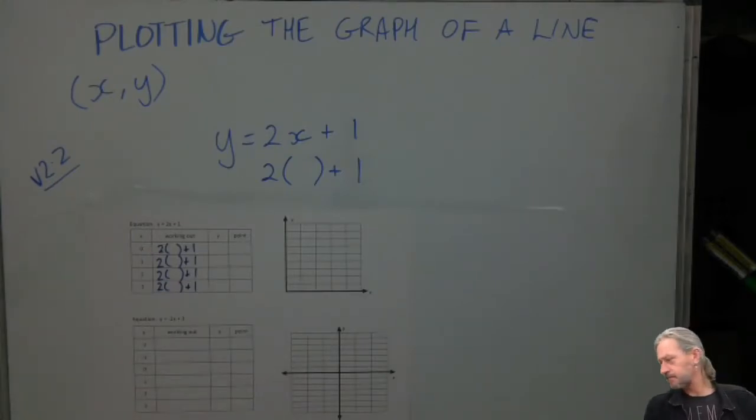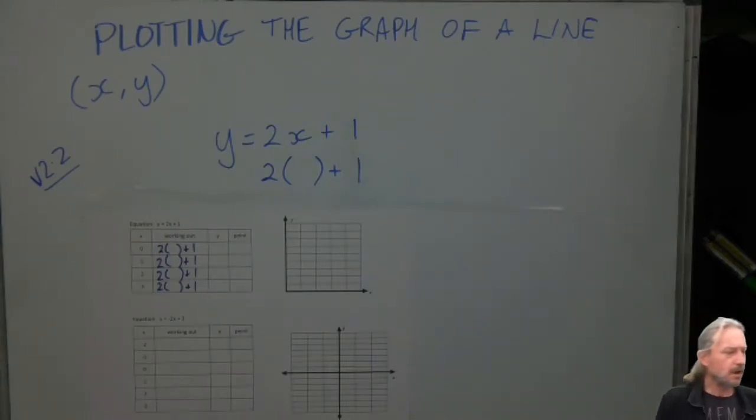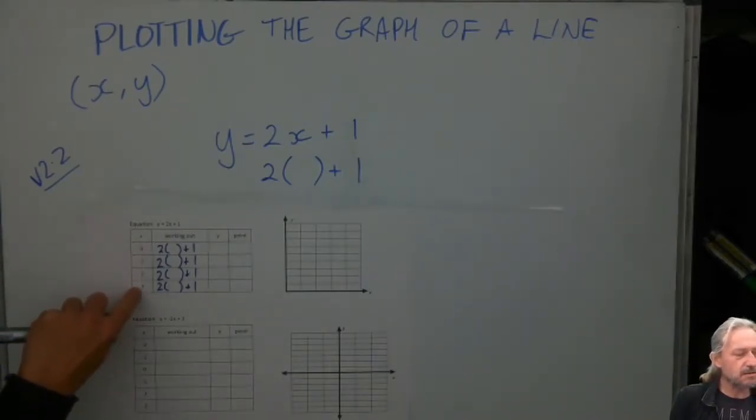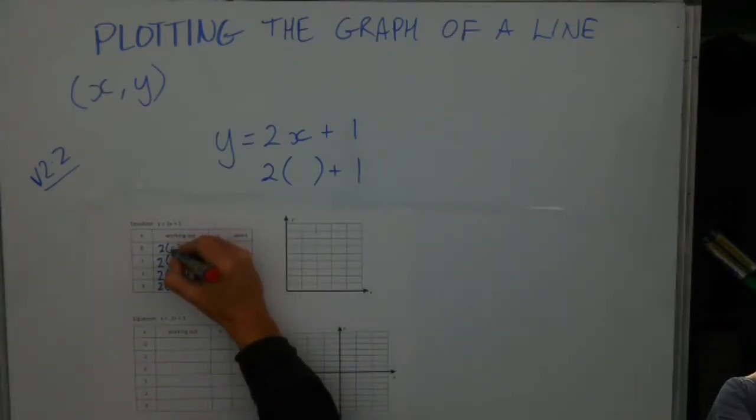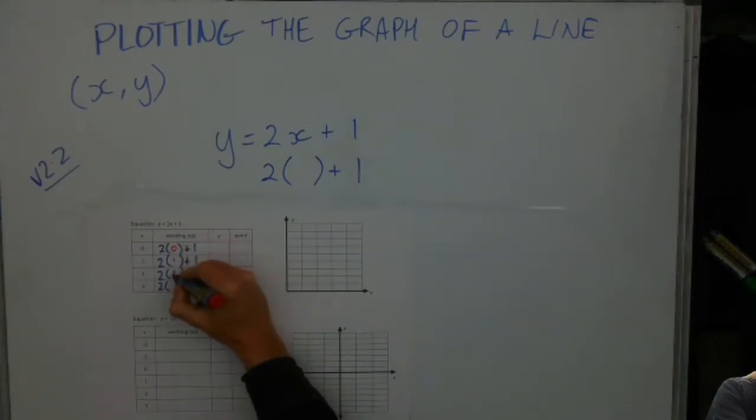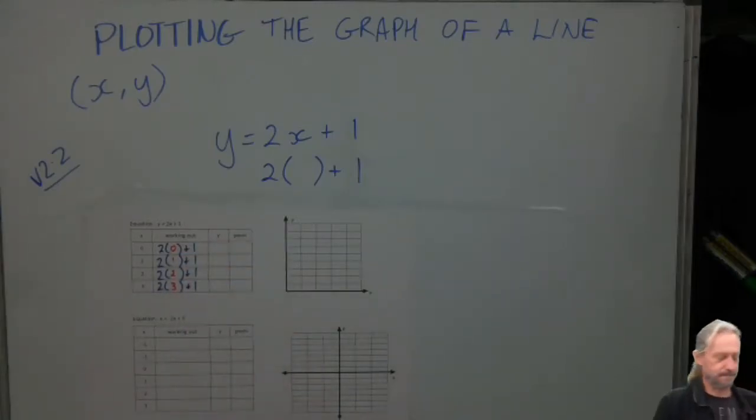Like that, and then in a different colour just so you can see what's going on, I'm going to put these x values into the brackets. So the first one is 0, 1, 2, 3.